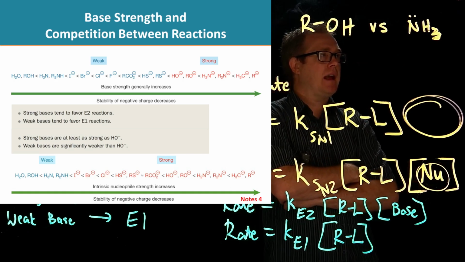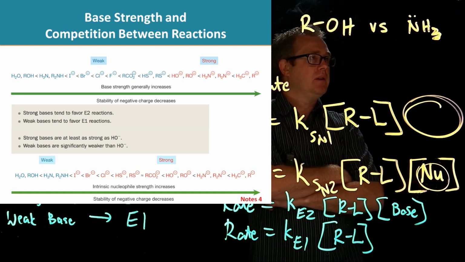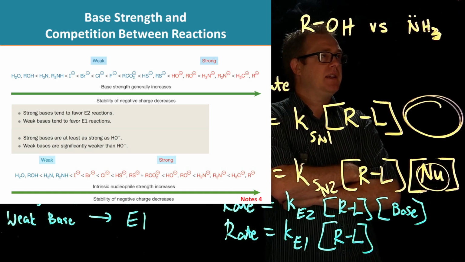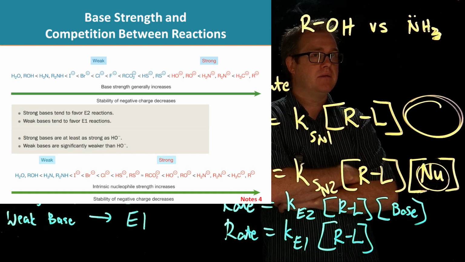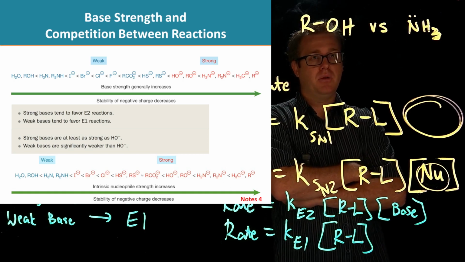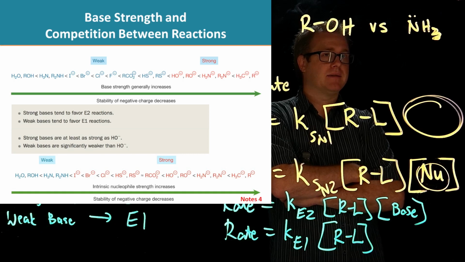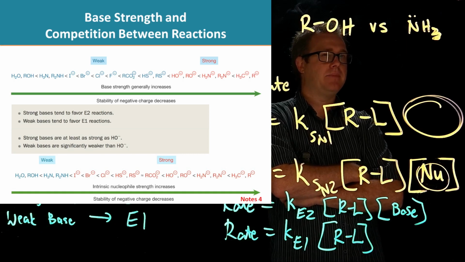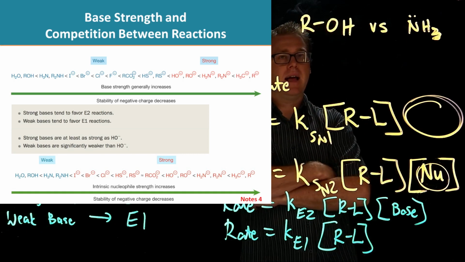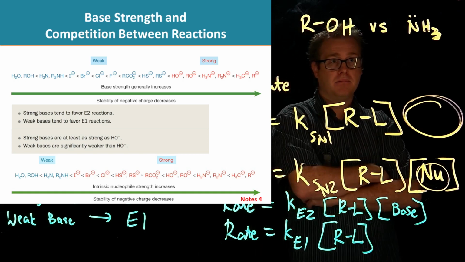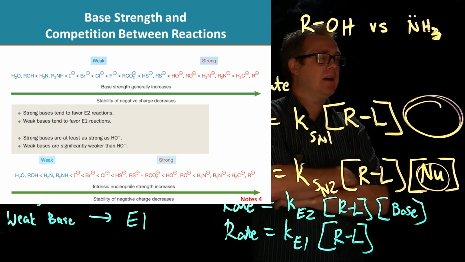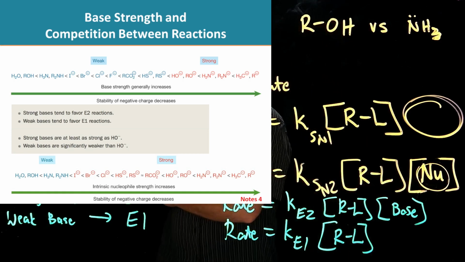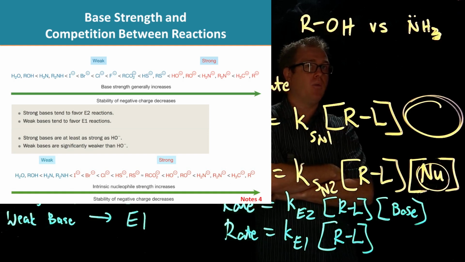But now take a look at iodine, the I minus. Do you see how it is a red, a strong nucleophile, but a blue, weak base? You see that? So the iodide, because it's an anion, is a very strong nucleophile but a weak base.